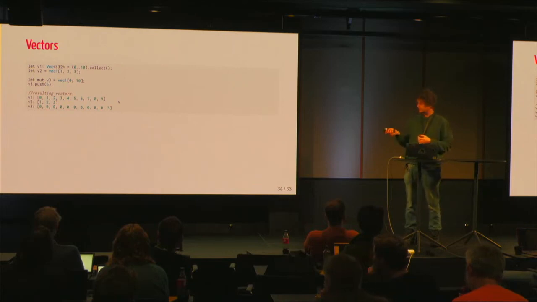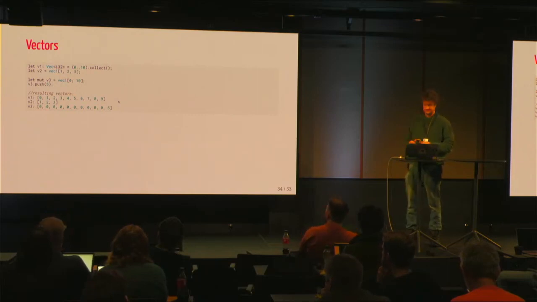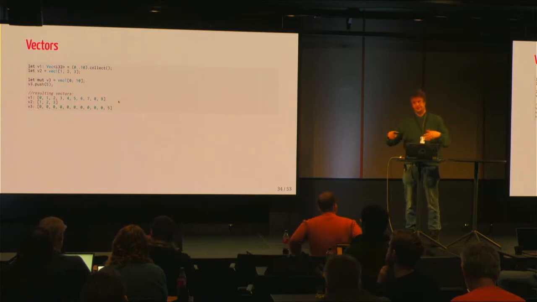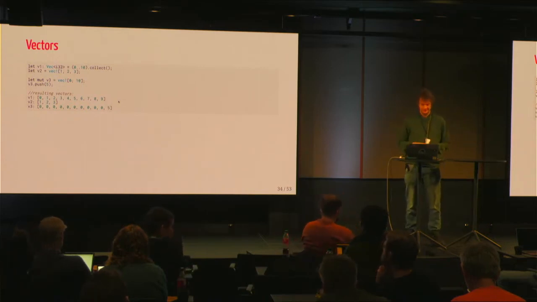In this case, it's filled with zeros in all the slots, and then we can use the push method on the vector to add more values. So these are the resulting vectors. And of course, you can also make a vector with the struct, the person, or any other data type.